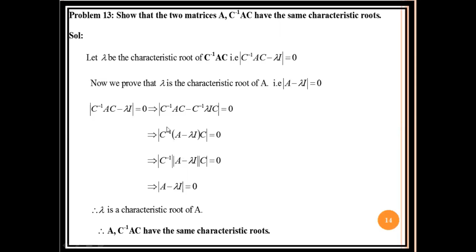Because the determinant of C whole inverse into C is nothing but I, right? So this becomes the determinant of A minus lambda I. With this, lambda is a characteristic root of A. Therefore, A and C inverse AC have the same characteristic roots, right?